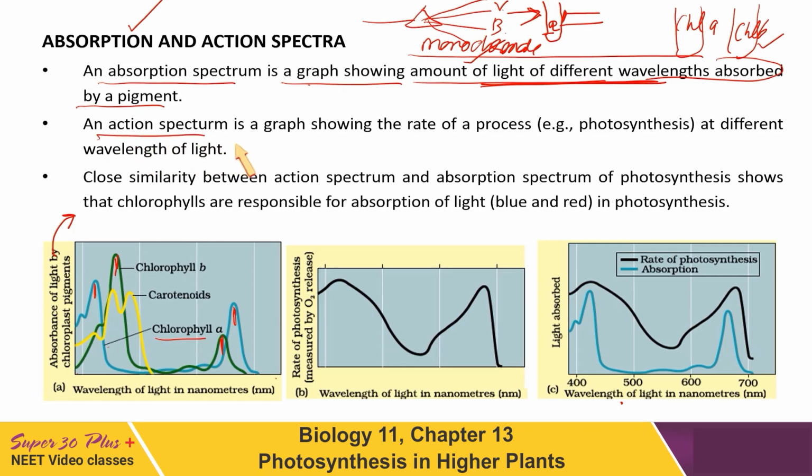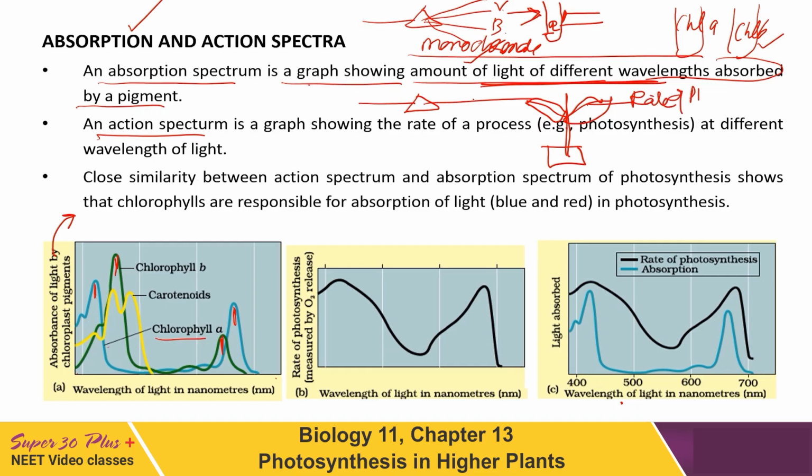Here, let a plant be here, doing photosynthesis. In the same way, monochromatic light will be given at one time, one color, and we will see in this particular wavelength what the rate of photosynthesis is.